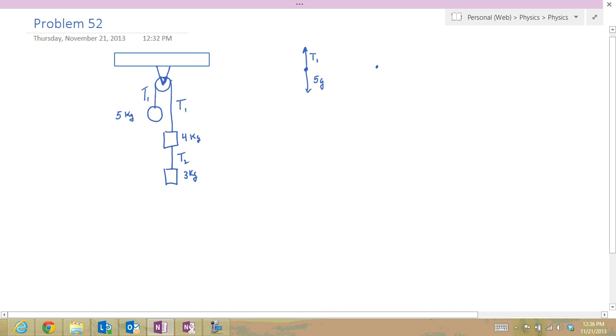Second diagram will be for the 4 kilogram. So for the 4 kilogram mass, upward is T1 and downward is 4g. Now, we will have to remember that the pulley redirects our positive and negative when we go from the left-hand side of this diagram to the right-hand side of this diagram.